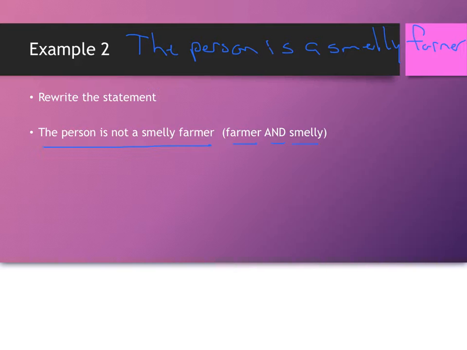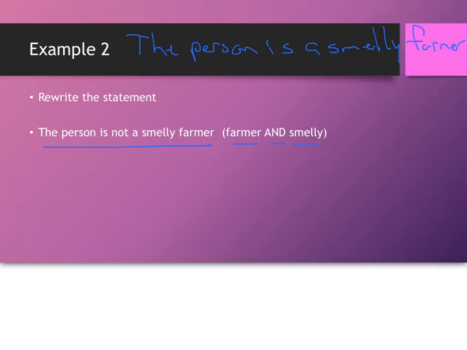Now, when I say the person is not a smelly farmer, it could be the case that that person is a smelly baker or a smelly fry cook or a smelly teacher. And it also may be the case that the person is a farmer who smells good. That person just can't be both smelly and a farmer.